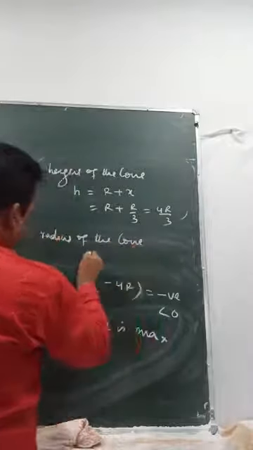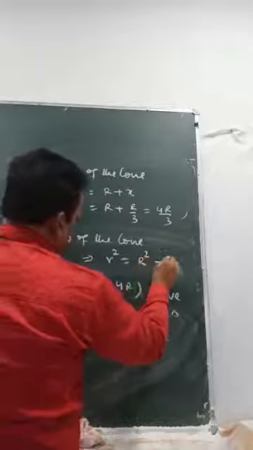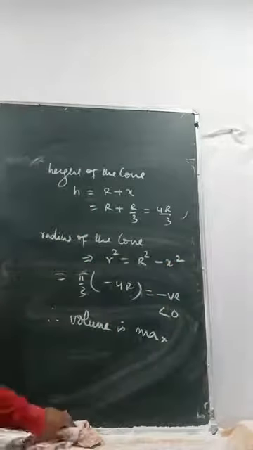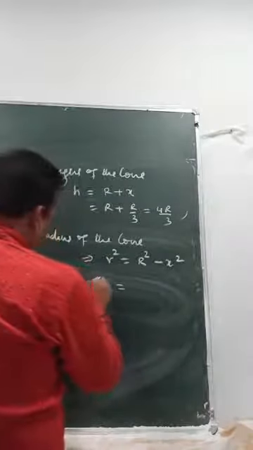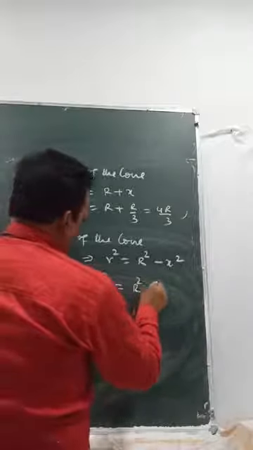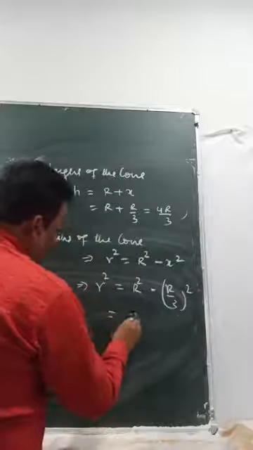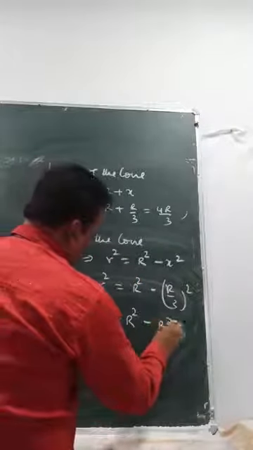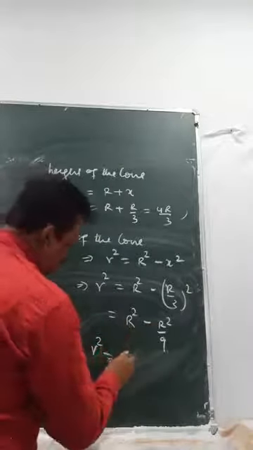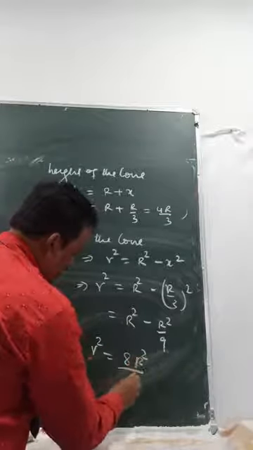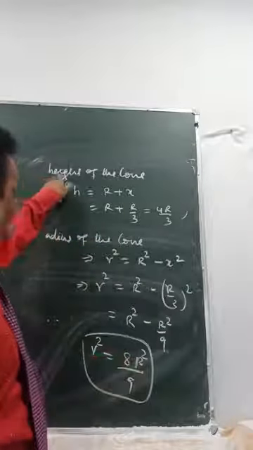The relation I have given you, r square is R square minus x square. This relation I have given you, look at there. So I can put r square equals to R square minus R by 3 whole square. That is your R square minus R square by 9. So r square equals to 9R square minus R square, 8R square by 9. Okay. You got radius of the cone. You got height of the cone.